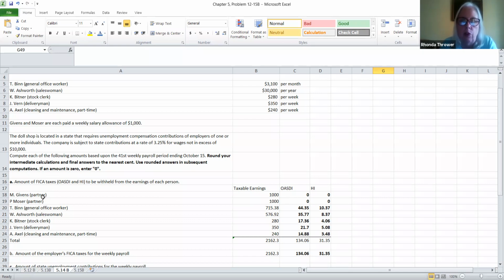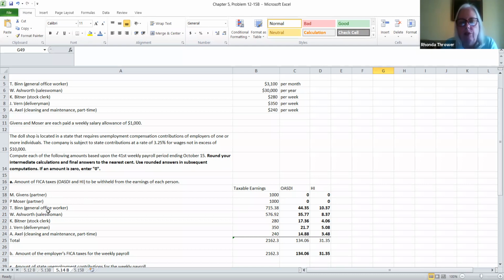The partners, when they file their tax return, have to pay self-employment taxes. But the partnership does not have to withhold the FICA taxes on the owners of the business. Partners are the owners of the business.